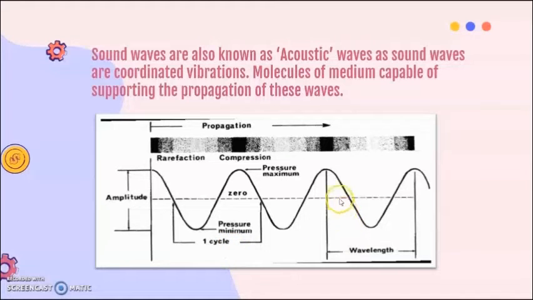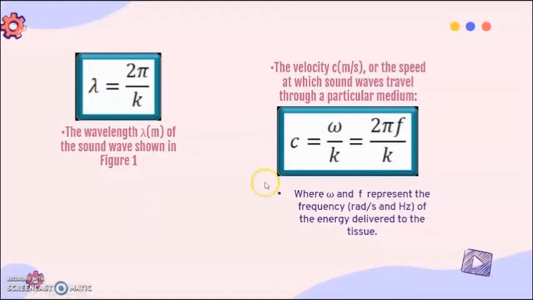The distance between the peak of one compression to the next is the wavelength. To find the wavelength lambda, in meters, of the sound wave shown in figure 1, we use the formula lambda equal to 2 pi over k, where k is the wave number.